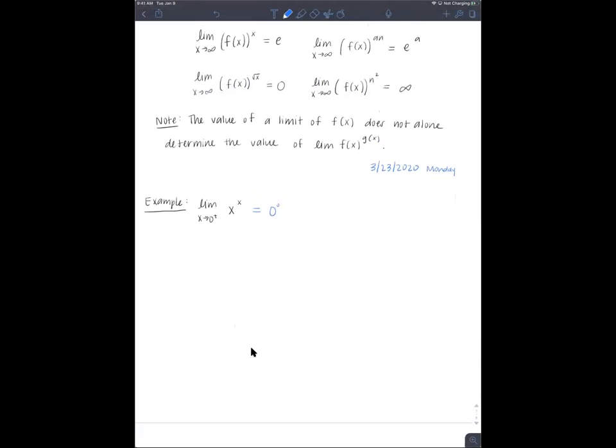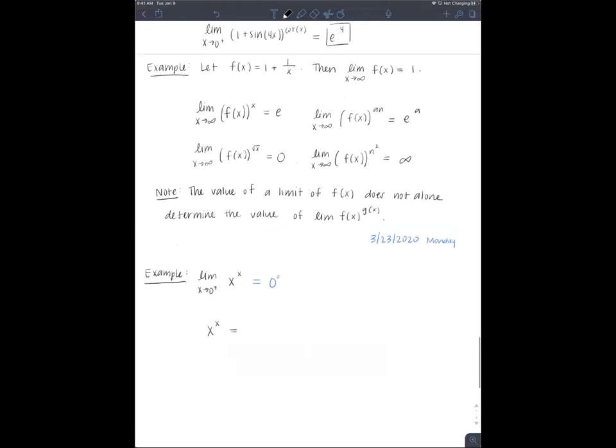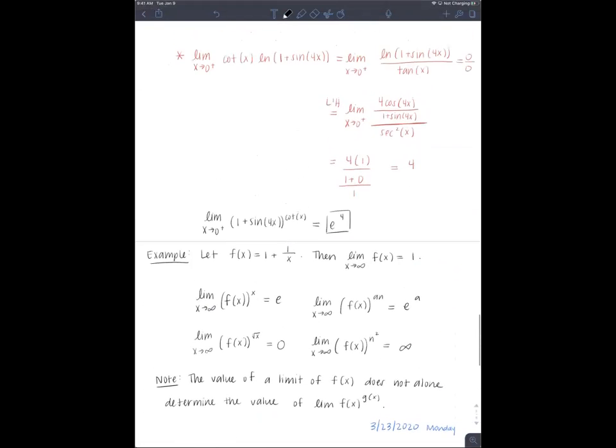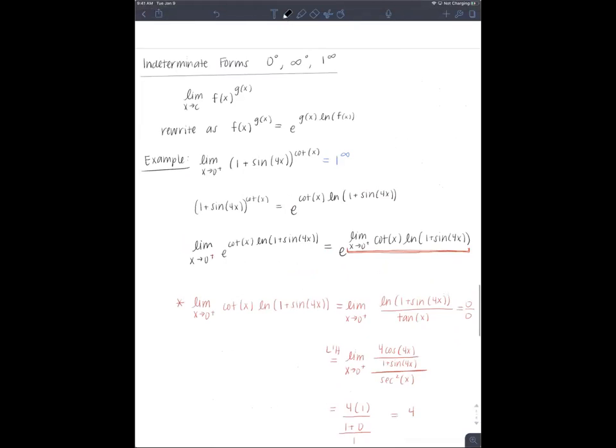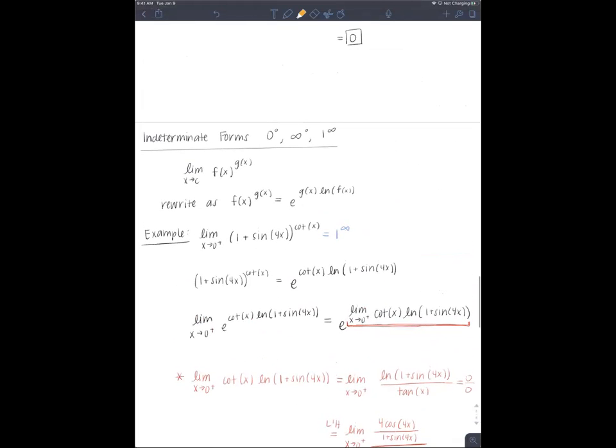Do you guys remember how to take care of this? What should I do to x to the power of x? How should I rewrite it? Yeah, right.